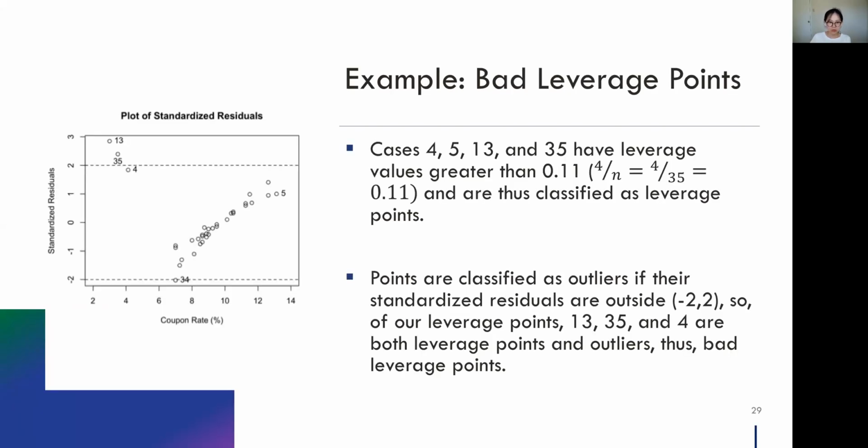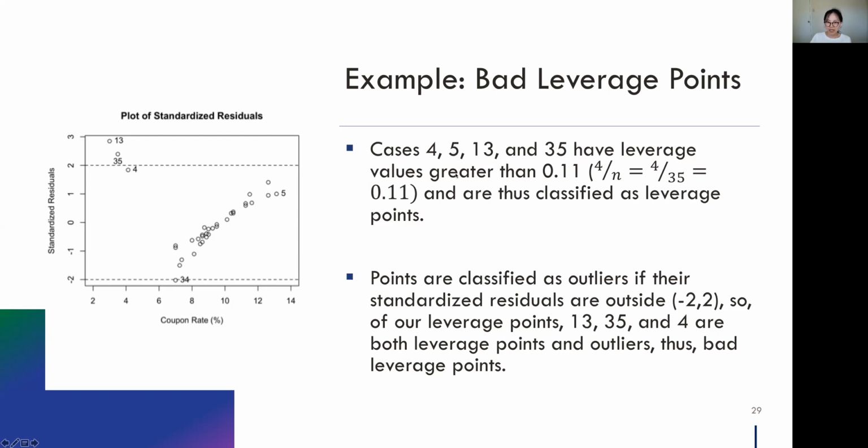So let me show you the whole picture here, where it plotted the standardized residuals and labeled the data points. In this case they are 4, 5, 13 and 35. Well, this is 34. Sorry, it's a typo here.